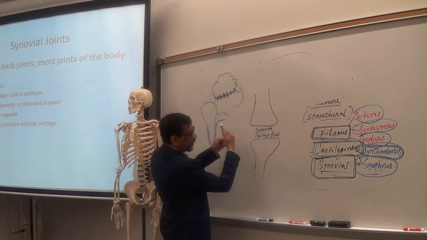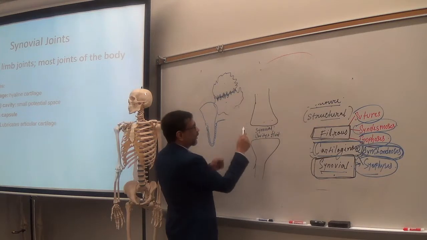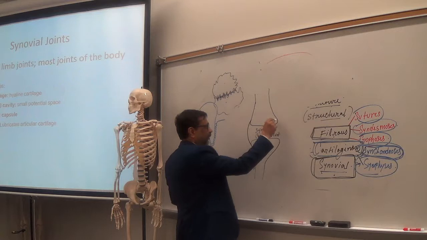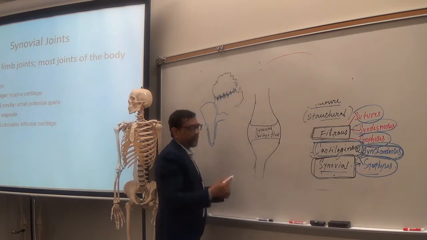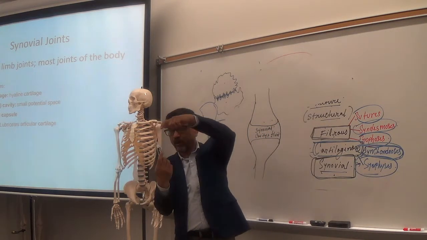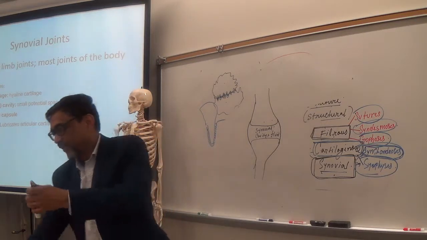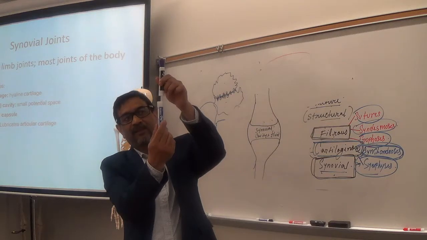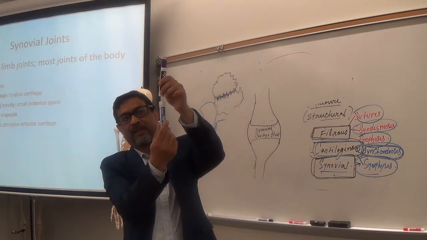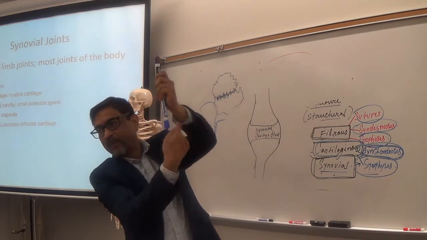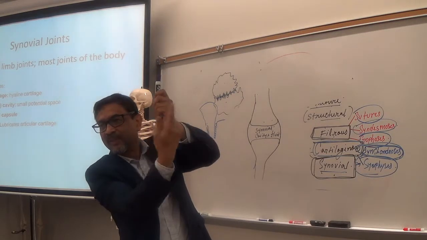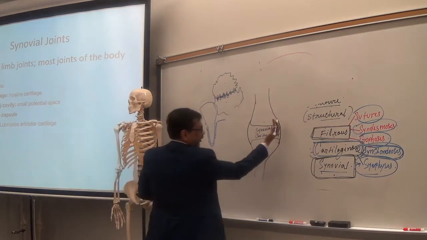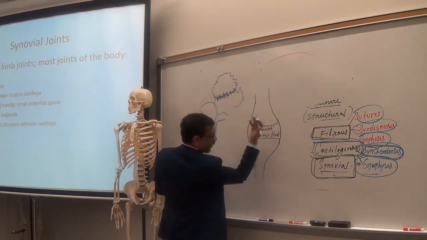And around the joint you have the capsule. You know, capsule covers the joint like this. Look at this. This is the joint, okay? This is the gap, synovial cavity, and the joint is wrapped by capsule like this, okay? Around. So this capsule is covering the joint like this.